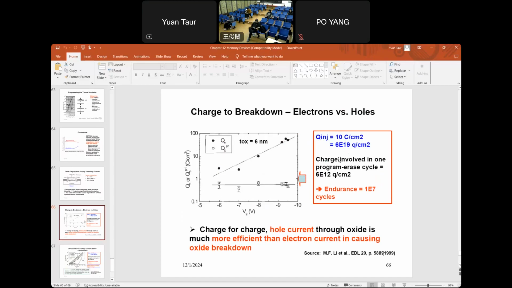When you have a program and erase, one operation is 6 times 10 to the 12 electrons per centimeter square, and you can tolerate about 10 to the 7 cycles for a 6 nanometer oxide.